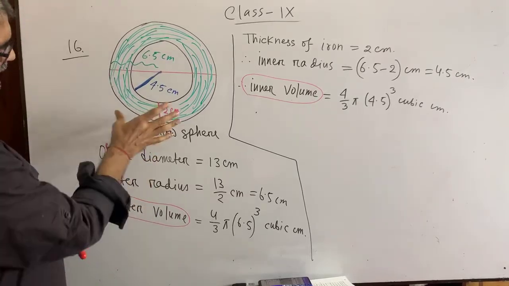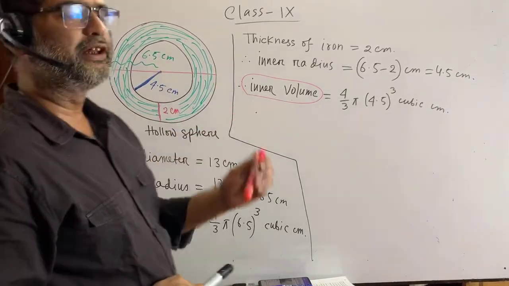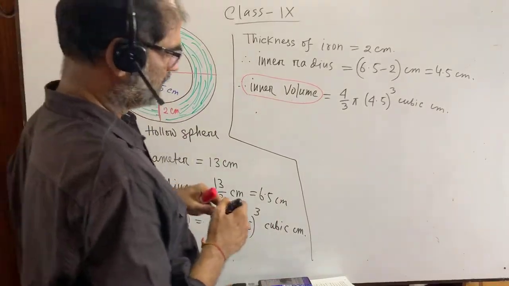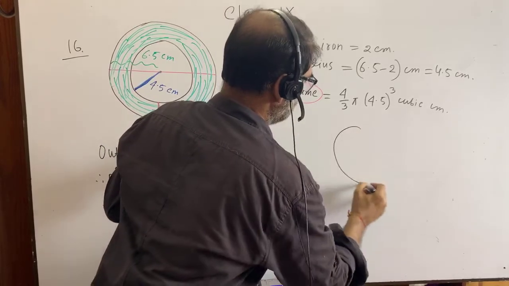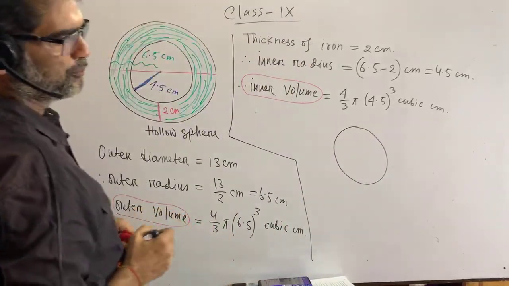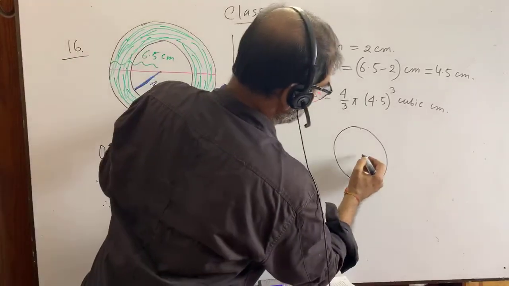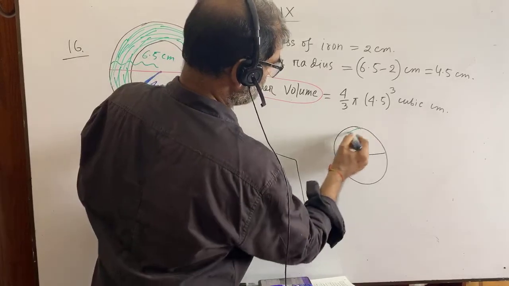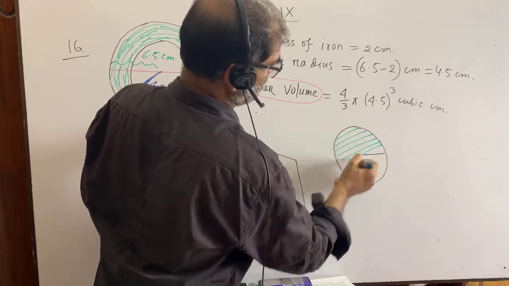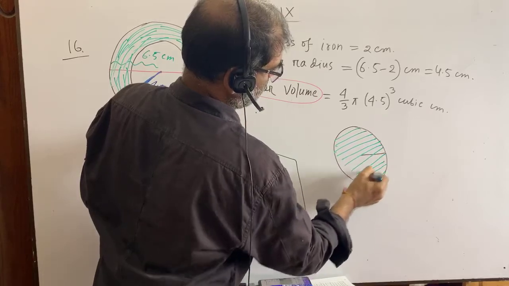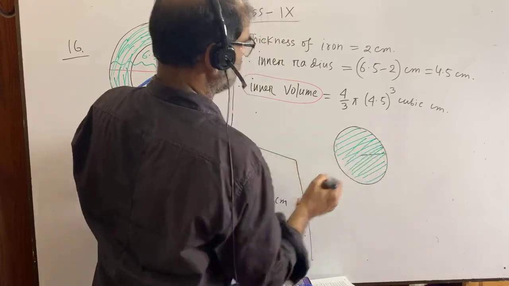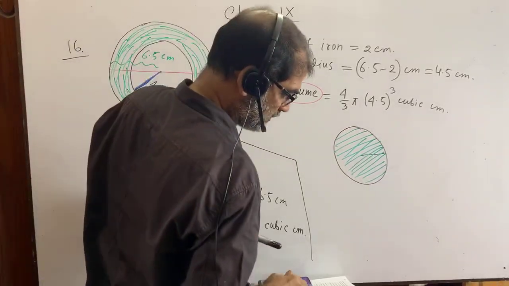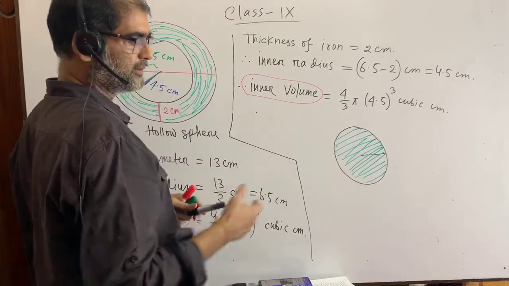So by melting this hollow sphere, we will get a new solid sphere. You understand? Now a new solid sphere is to be made. The question is that what is the radius? At first you have to find the radius, then we will find diameter.